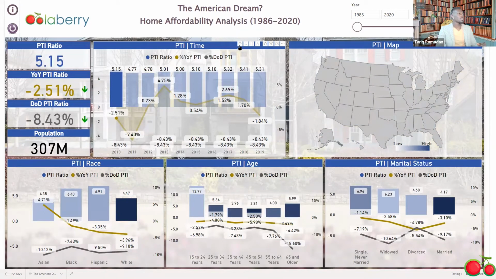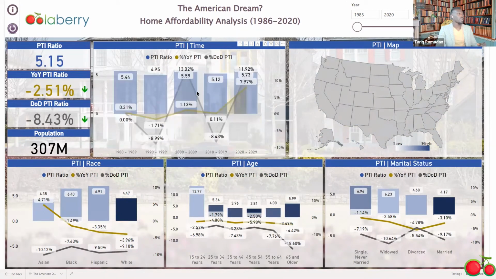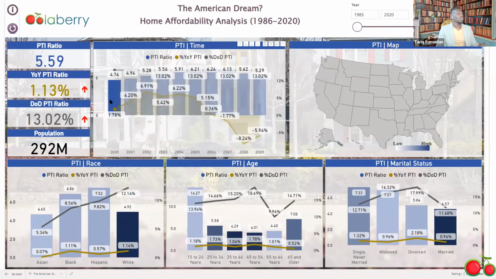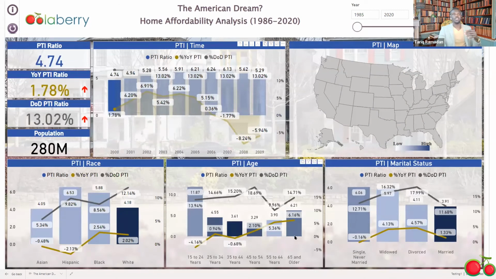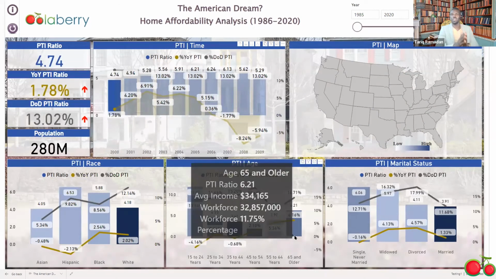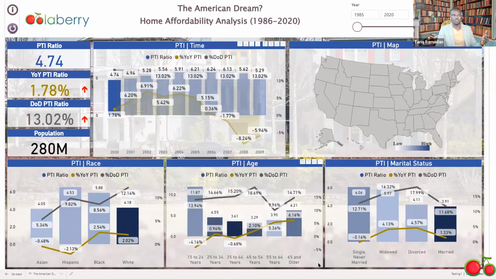So let's go back to 2000. In 2000, the 65 and over workforce was 32 million, or about 11% of the population, and the 35 to 44 group was the largest. This is shown by the dark blue, and the lighter is the 65 and older.